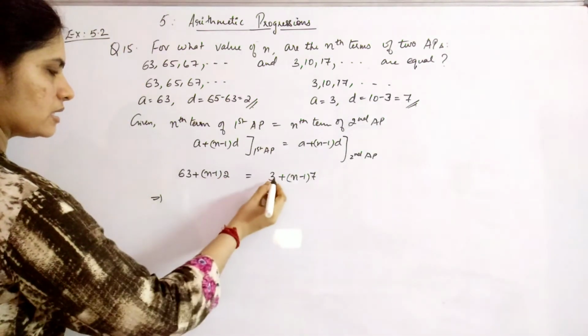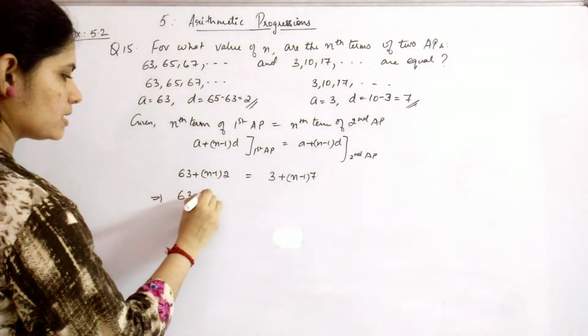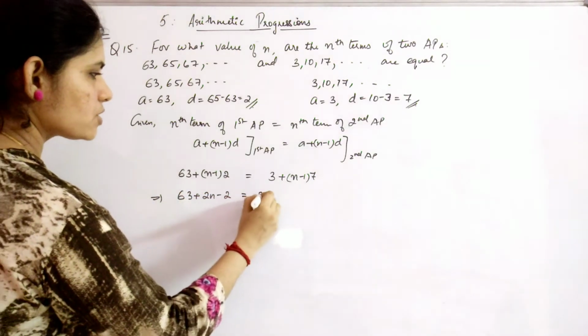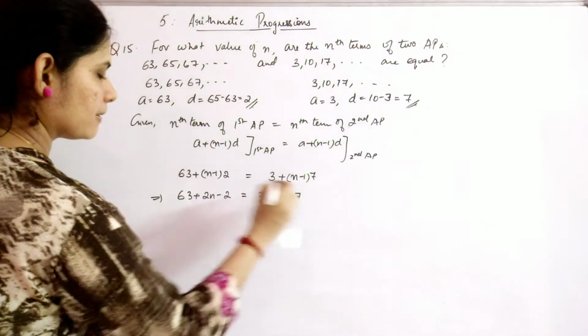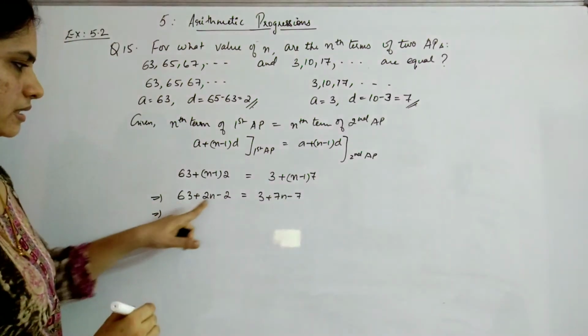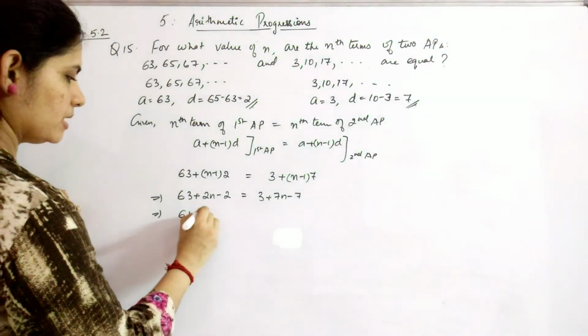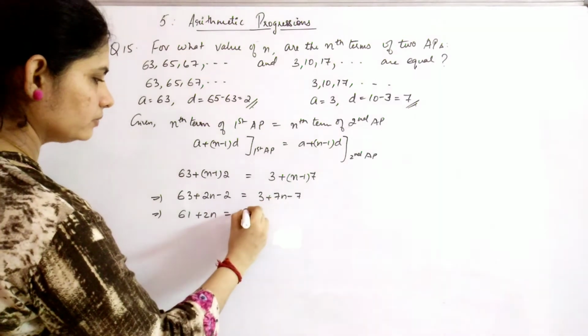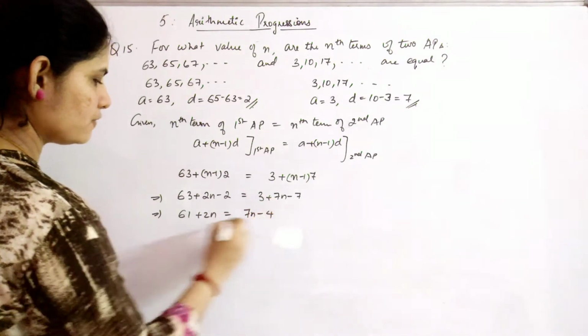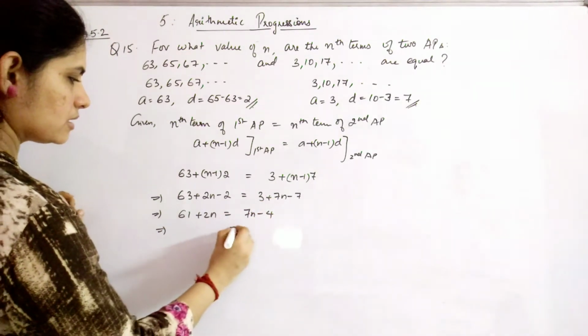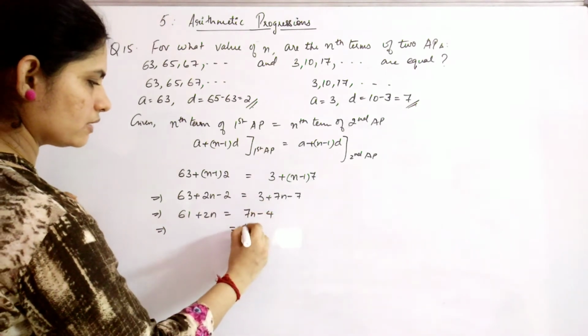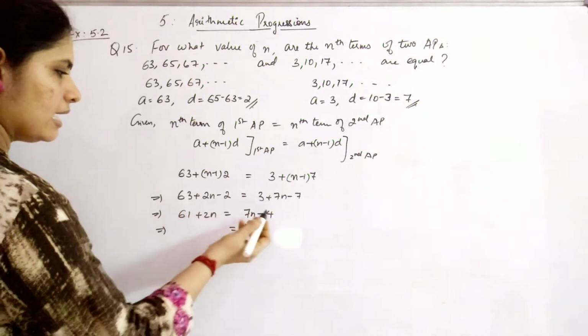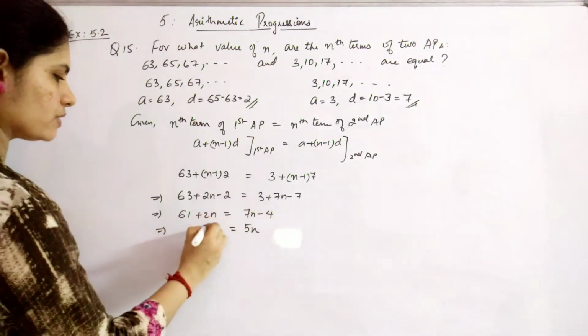That means you are getting 63 plus 2n minus 2 is equal to 3 plus 7n minus 7. That is, 61 plus 2n is equal to 7n minus 4. That means when 2n goes across, you get 7n minus 2n, which is 5n, and this will be 61 plus 4, which is 65.